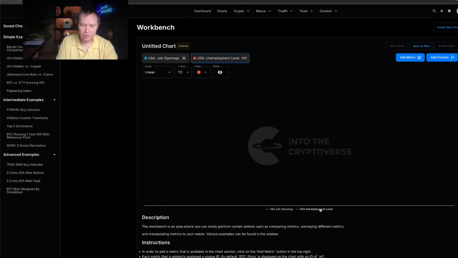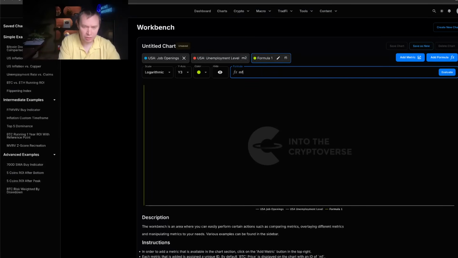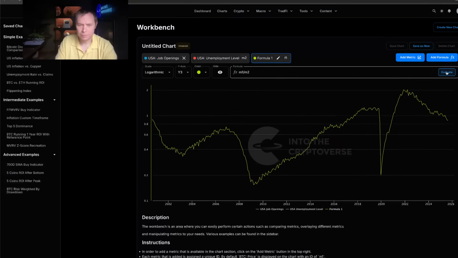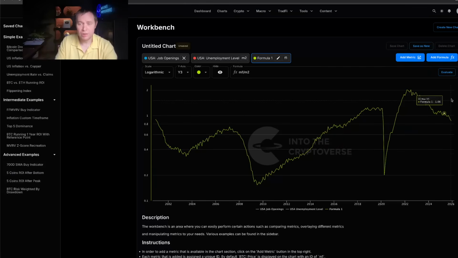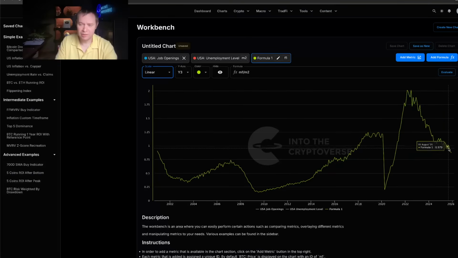Now, if you take the number of job openings per unemployed worker, M1 divided by M2, you get this. What do you notice about this? It's below 1, right?